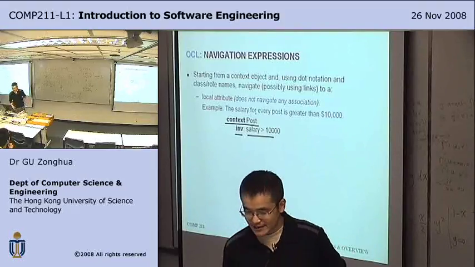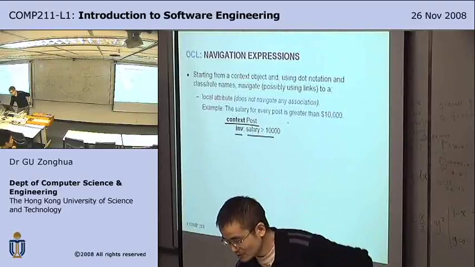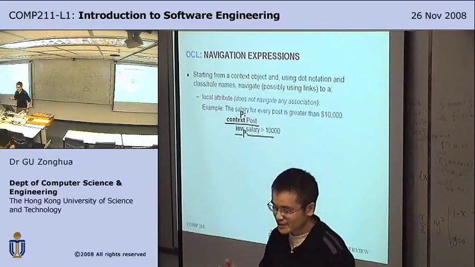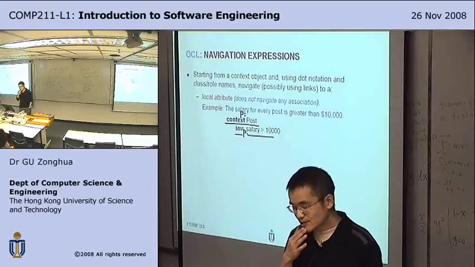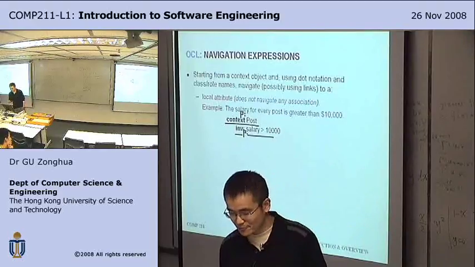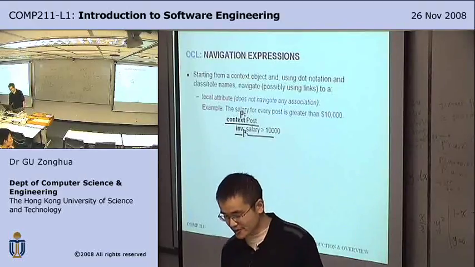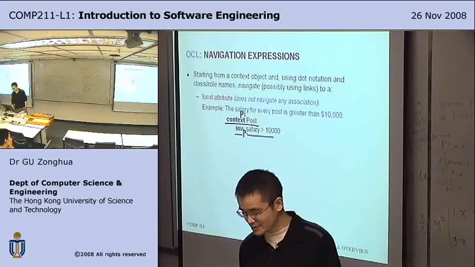Yes, the context object name is optional. So you can also say context P colon Post and P dot salary, like in the previous account example. Here it's omitted, right? You can say just the class name and then invariant salary because it's very simple. There are no other classes, so you can omit the object name from the context and invariant specification.